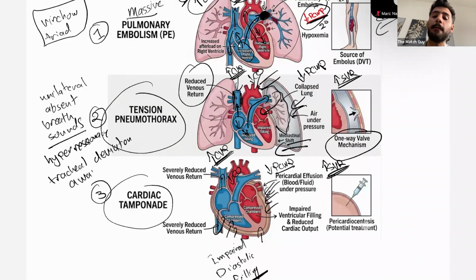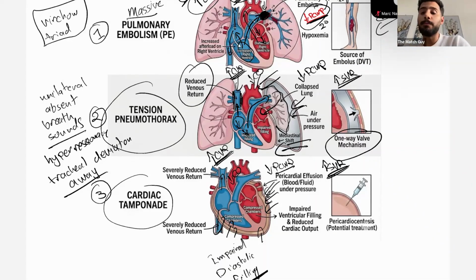So if, for example, the pneumothorax happened on the right side, air is going to be accumulating on the right side and pushing everything in the chest towards the left side, including the trachea. So the trachea is going to be deviated to the other side, away from where the pneumothorax originated.